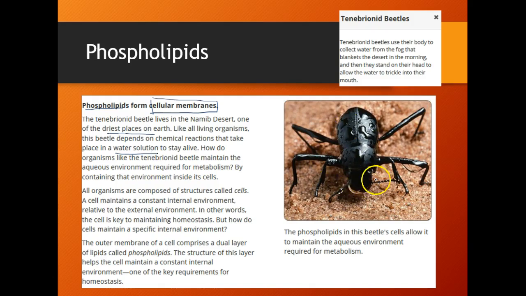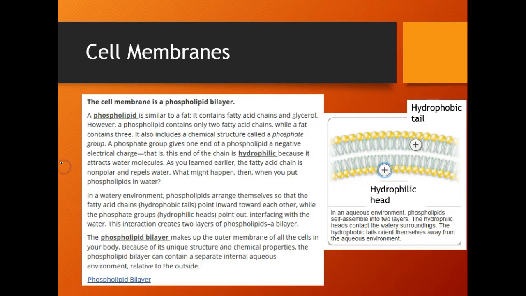So even though this beetle lives in a very dry environment, that doesn't change the fact that it needs water inside of its cells in order to stay alive. So how do organisms like this beetle maintain the aqueous environment? Again, aqueous means watery.